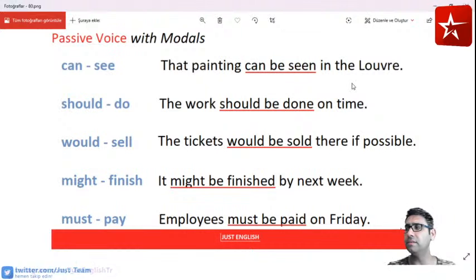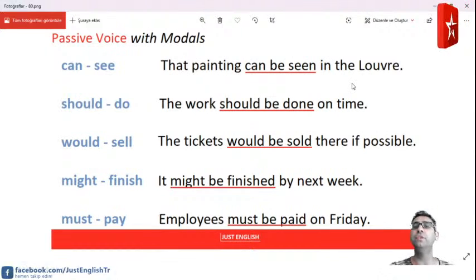Difference between might be and must be. Well, might be refers to a possibility in the future. Must be suggests an obligatory work.